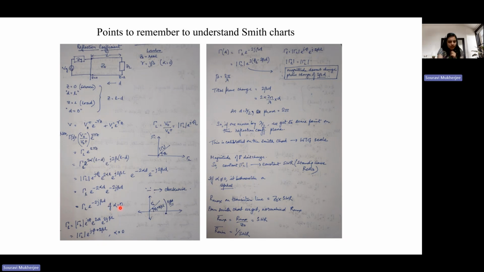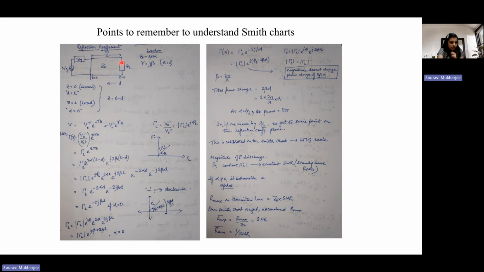Anyways, so if your alpha is 0, that there is no loss. Okay, so then the magnitude of your reflection coefficient, this gamma L will be there, and only one phase term will be there, right, which is e to the power j 2 beta d. So d tells you, if you start from the load, how far you are from the load, right?